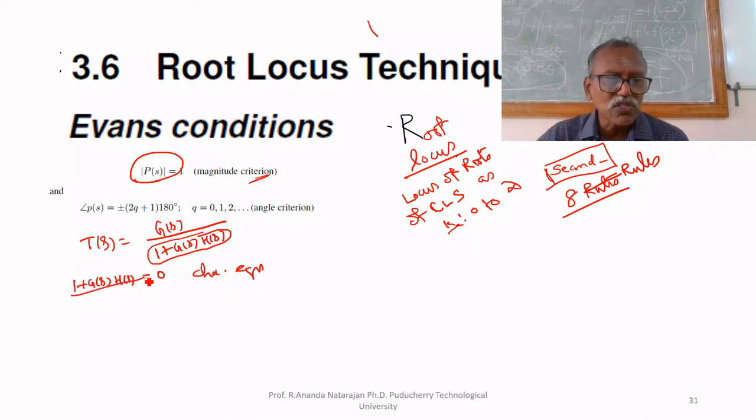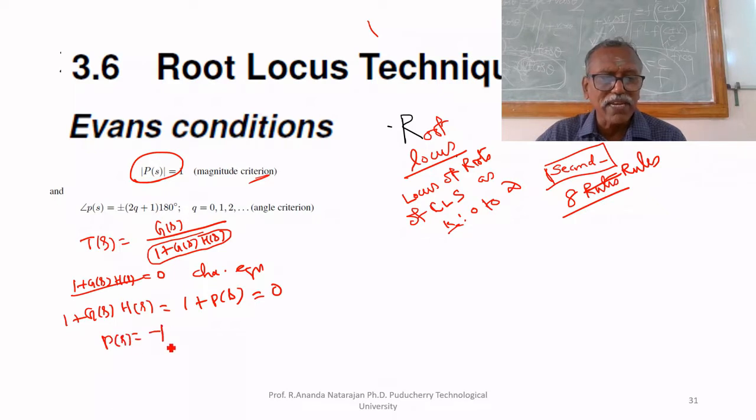So this can also be written as 1 plus P of s equal to 0, or P of s equal to minus 1. P of s is G of s H of s, the loop transfer function.